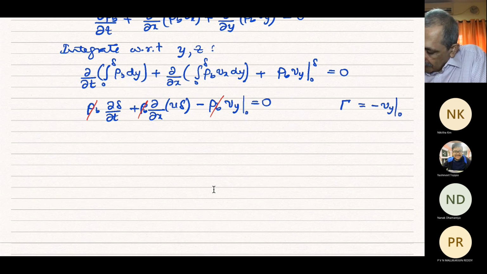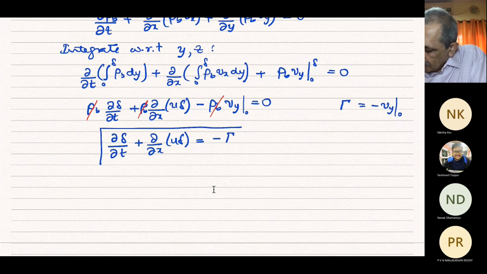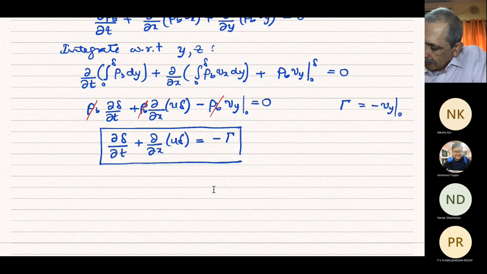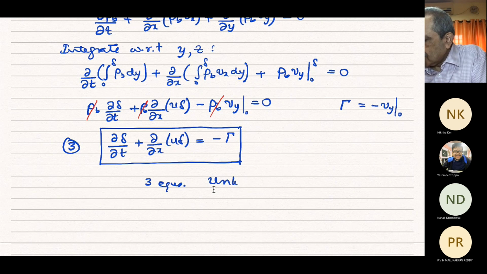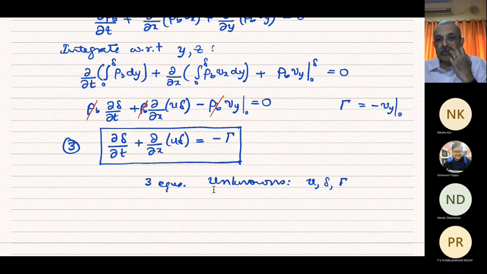So essentially, when we simplify this out, we'll get one more equation. So this is now equation number 3. So we have 3 equations, and then the unknowns are U, delta, and gamma. So we can essentially solve for them.